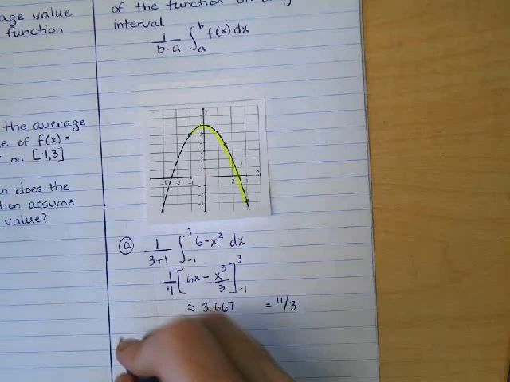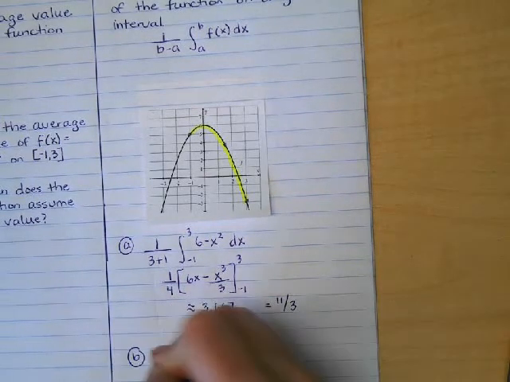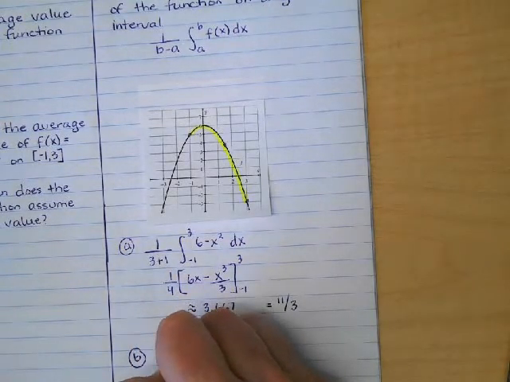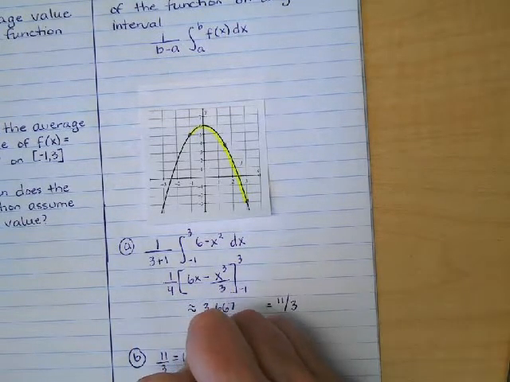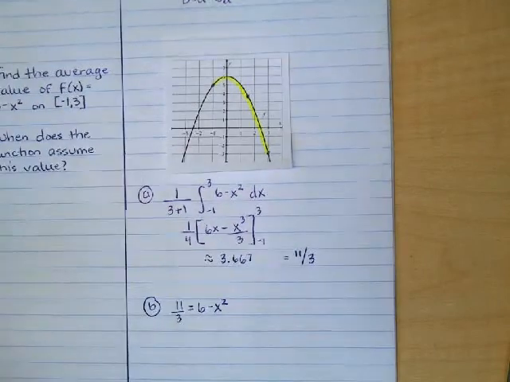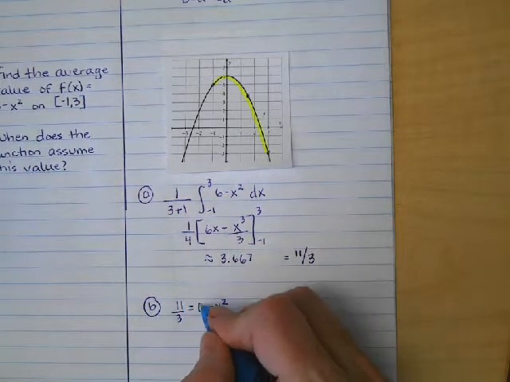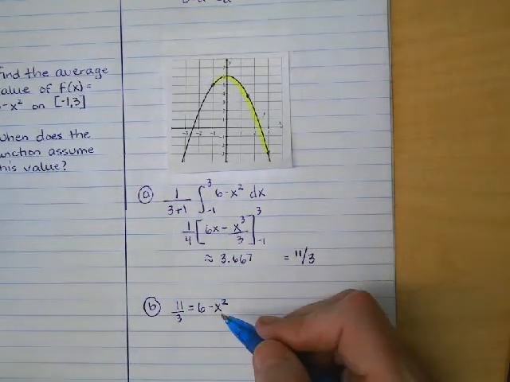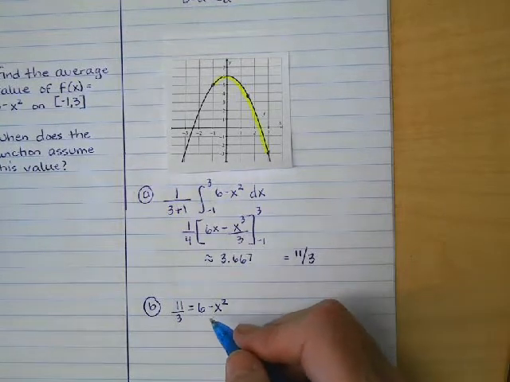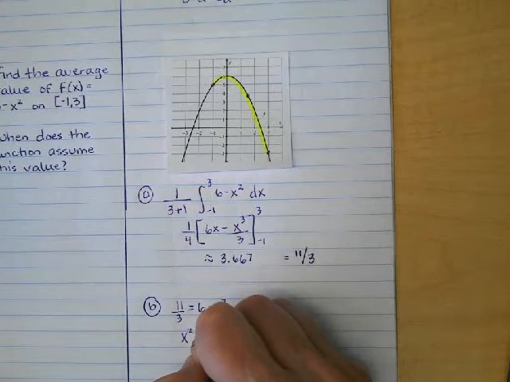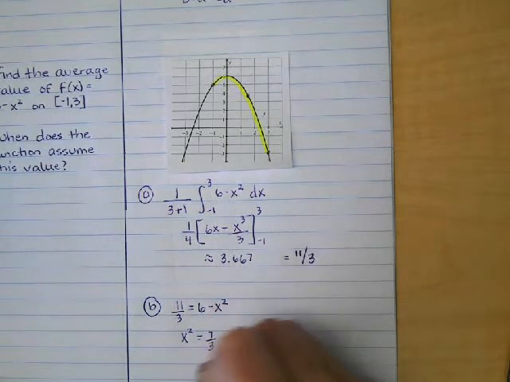For part B, I want to know when the function equals 11/3. We could have used the decimal; it all comes out the same anyway. So 11/3 minus 6, which is minus 18/3, gives me x squared equals 7/3. So x is the square root.